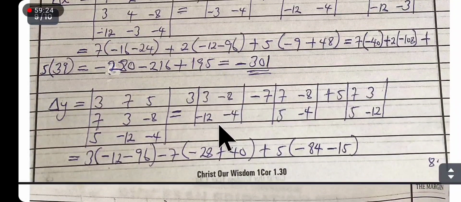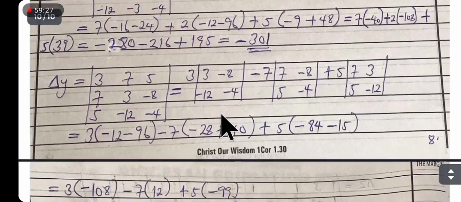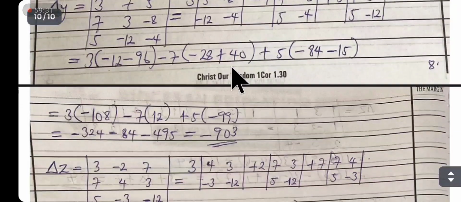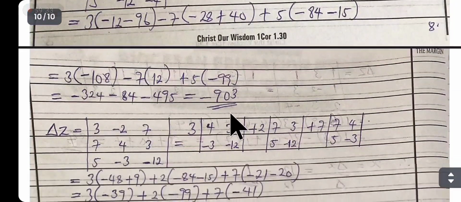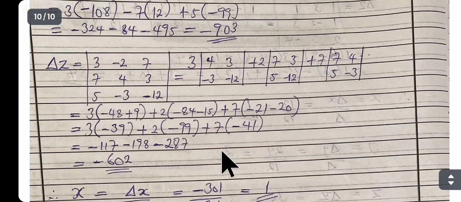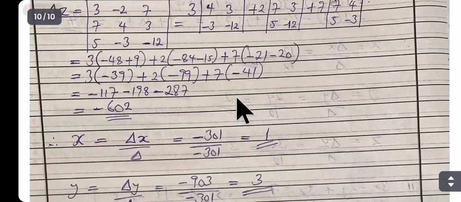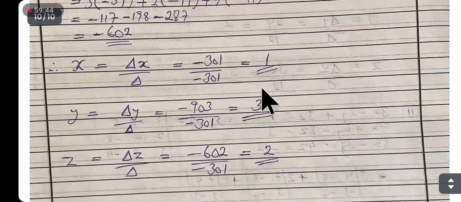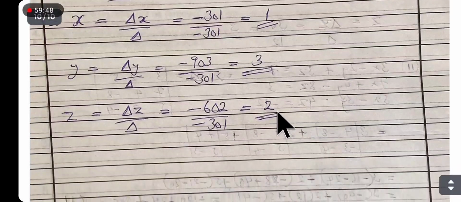You can pause the video at any point and then watch what I did. Step by step is what I did here. Then at the end, the value of x is 1, value of y is 3, value of z is 2.